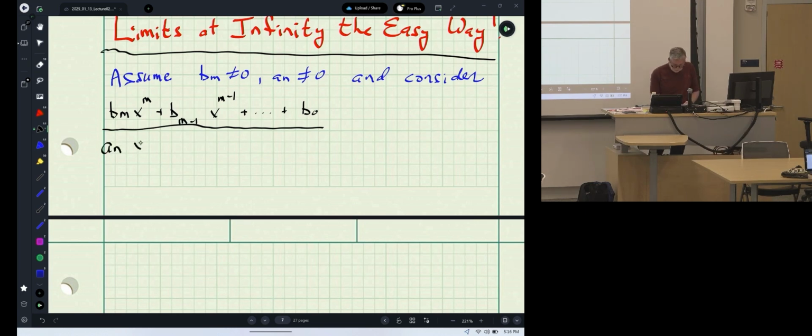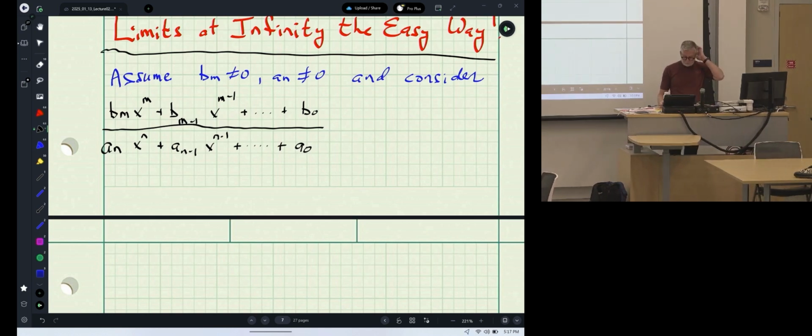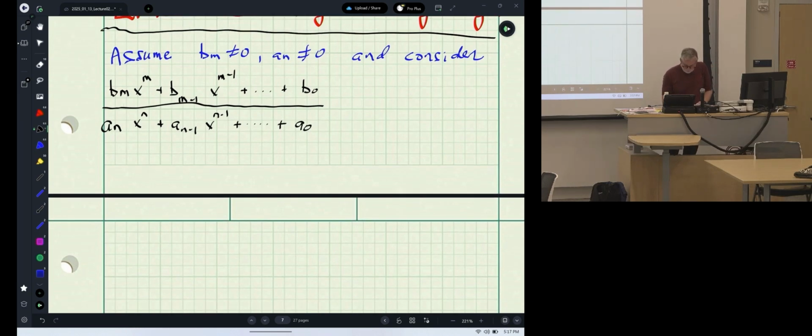Then a_n x^n, a_{n-1} x^{n-1}, dot, dot, dot, a_0. Okay. Equals. Now I'm going to do something hopefully you think is clever.